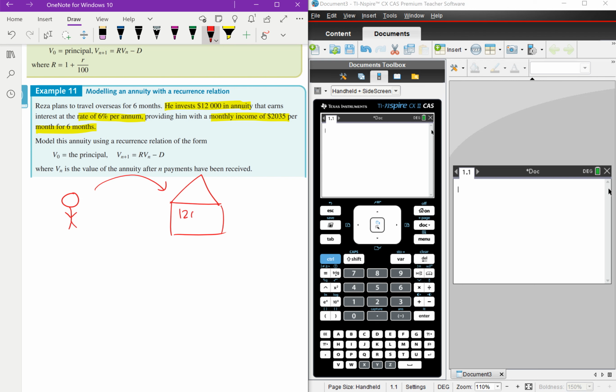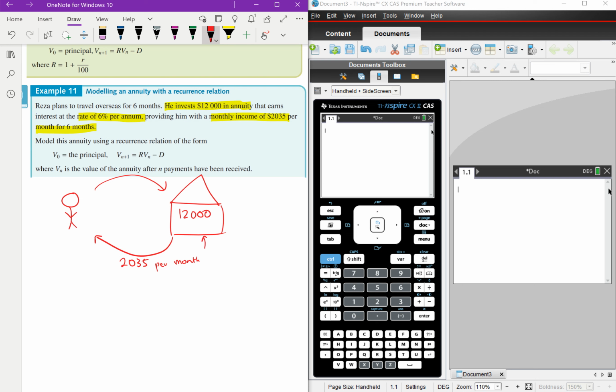The bank will get the $12,000 and they can use it, loan it out, whatever it is. And you're like, well, what benefit do I get if I give you $12,000? And the bank says, how about you get your money back. Every month we're going to pay you $2,035 per month until we pay all of your $12,000 back.